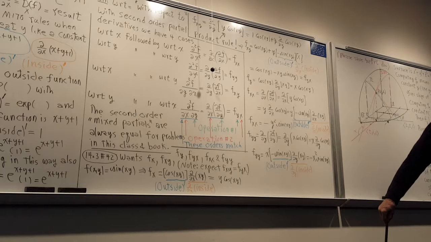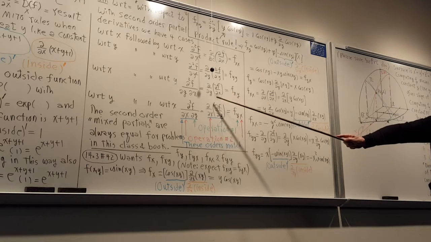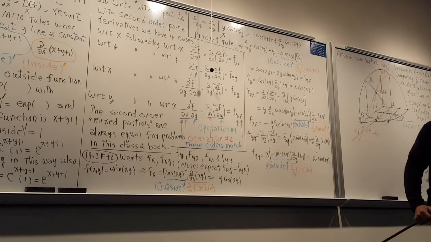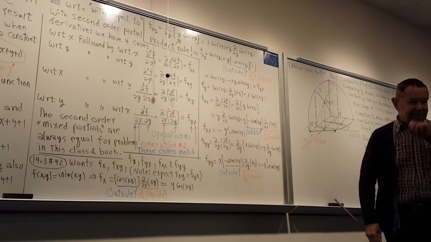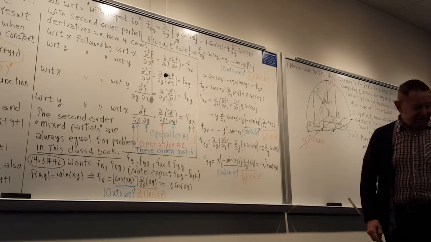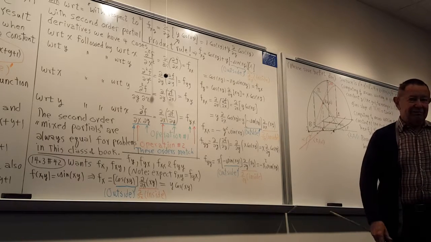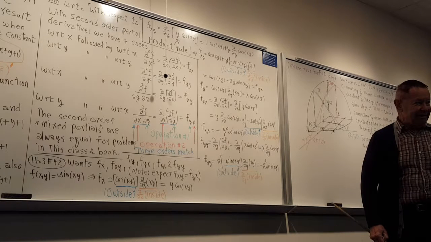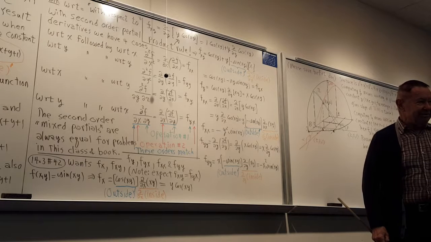Now, your mixed partials are always, for anything that's in this book and in this class, automatically equal. So you don't have to do them both, except for 2 or 3 of the homework problems where they specifically want you to do it both ways, both orders, just to see that you do get the same answer.